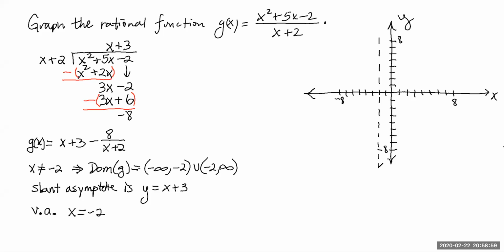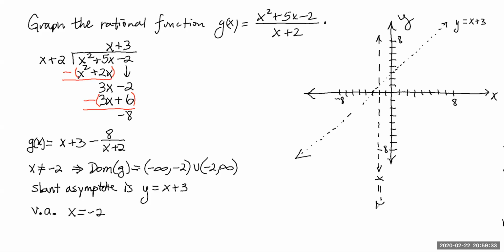Have a nice vertical asymptote there. We also have a slant asymptote of y equals x plus 3. Right about there, we have a slant asymptote. Dotted. So that's y equals x plus 3. This one here is x equals negative 2.